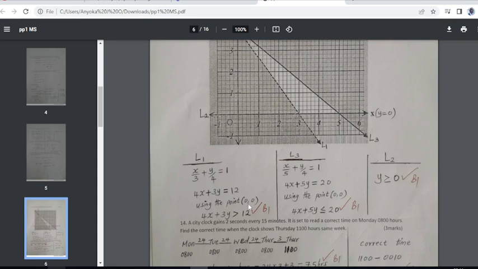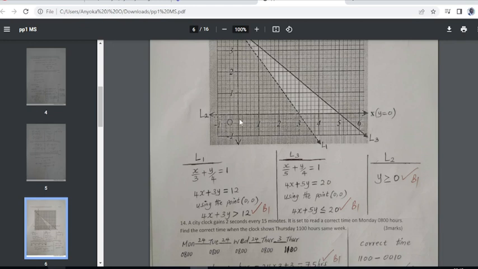Using one point, mostly if the line is not passing through the origin, use the origin. So substitute 0: 0 plus 0, 0, and 12. Which is the inequality there? 0 is less than 12. True.